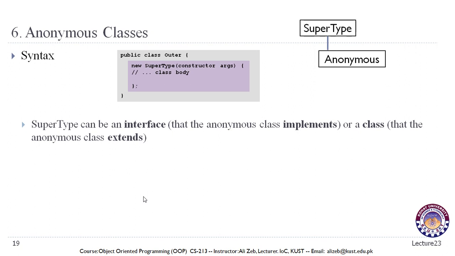It can be an interface that is implemented by the anonymous class, since the class itself has no name, or it can be a super class that is extended by the anonymous class, which we can use to declare an object and the body of the class.